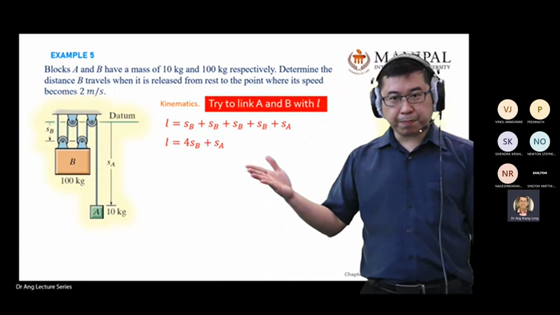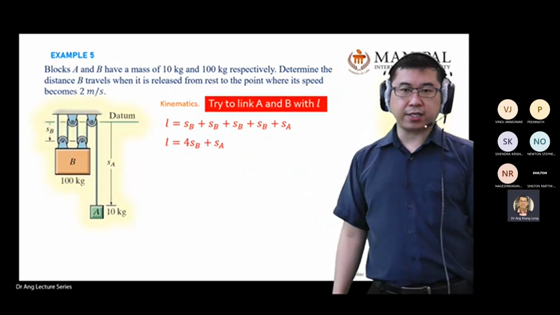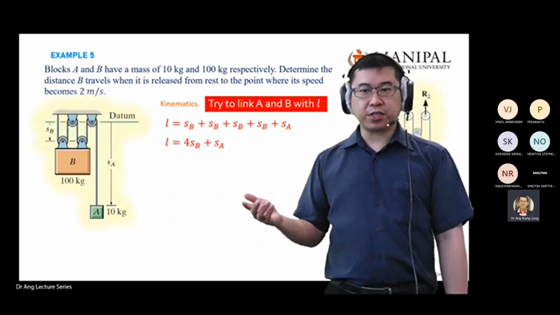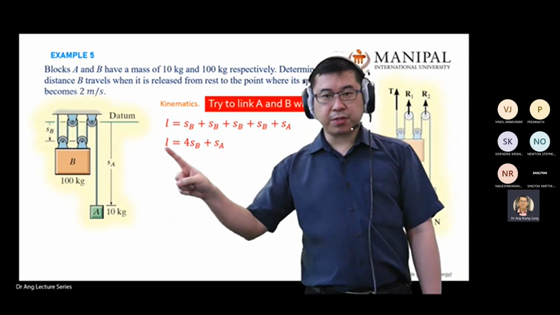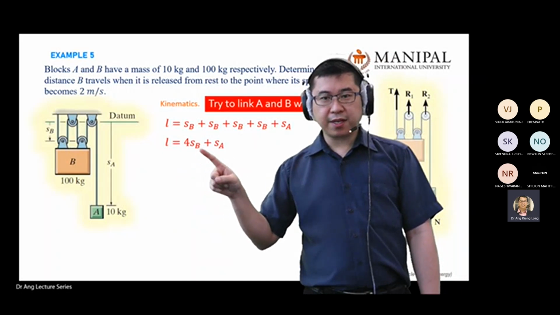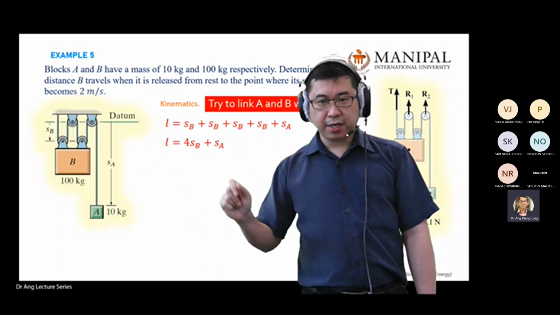And you know the purpose of doing this. After this, we convert it into velocity by differentiation over time. Length doesn't change over time, so this becomes 0. This becomes VB, this becomes VA because you differentiate with time.